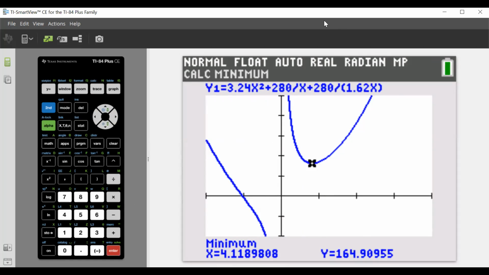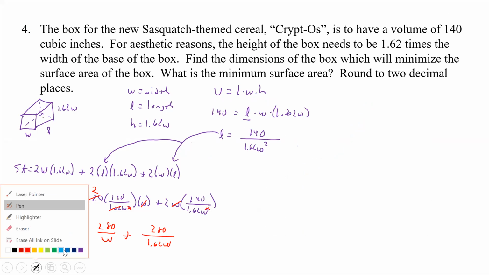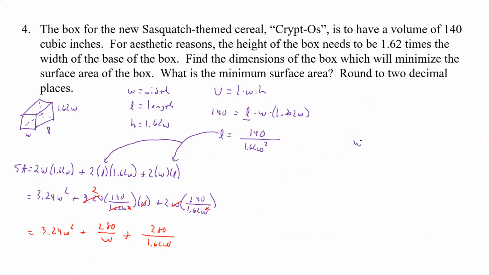All right, so let's see here. Go back to this. And we get W, because now we solve this, and so we get W equals 4.12, and we're in inches, so that would be inches.